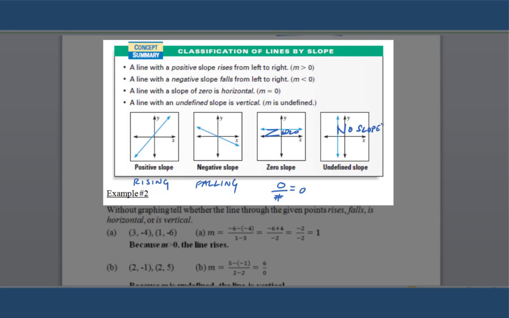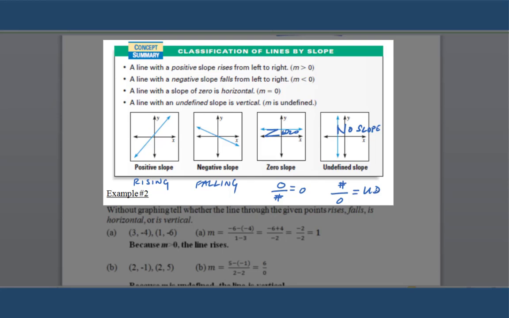There is no gradual downcline. Mathematically, you end up getting some number value for your changes in y's over 0. If you recall, anything divided by 0 is technically undefined. And so a vertical line always has an undefined slope.